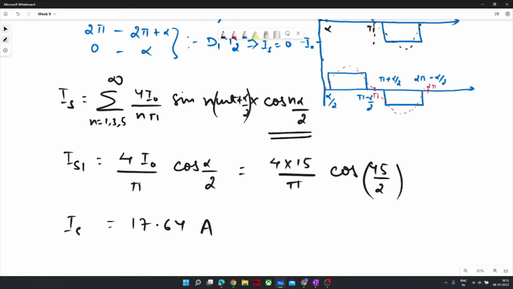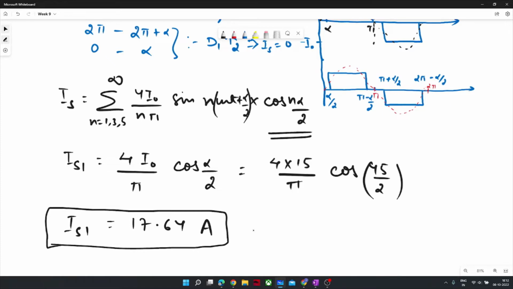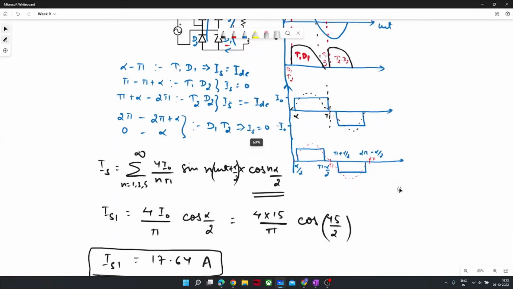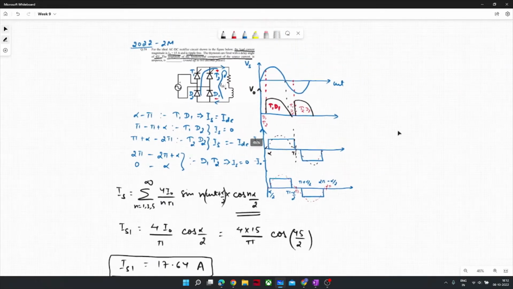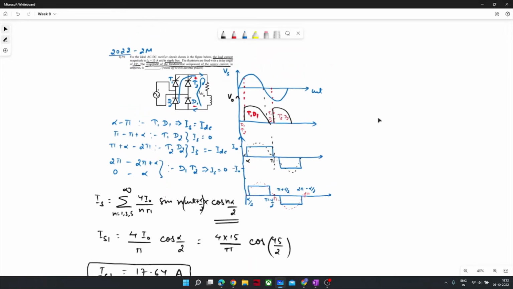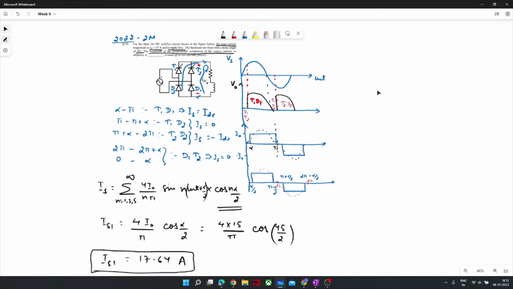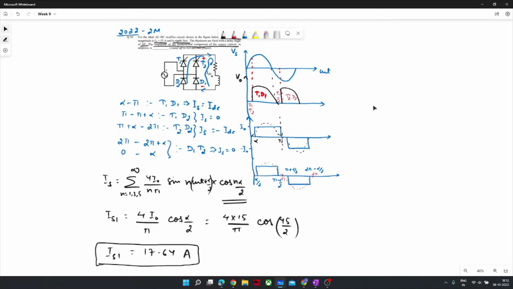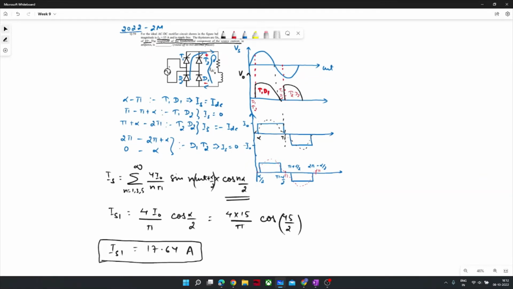So that will be the magnitude of the fundamental component of the source current. I hope this is clear to you. If any doubt in this problem, we can clarify. Any doubt in circuit or waveform? I hope this type of problem was discussed earlier, but anyway, if not, then I will move on to another problem.